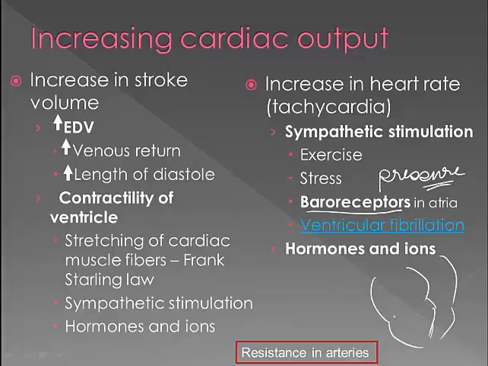So let's say this is the right atrium and right ventricle, left atrium and left ventricle. If there's more blood getting into the atria, the atrial walls will dilate, so the pressure inside the atria will be more, and it stimulates these baroreceptors, which automatically go and stimulate the sympathetic nervous system.